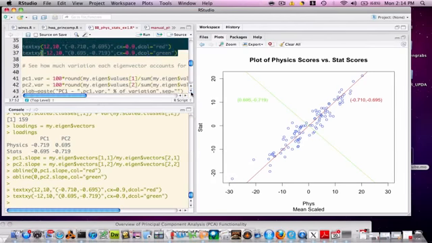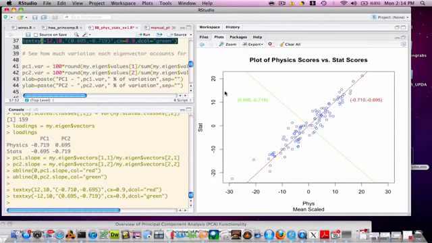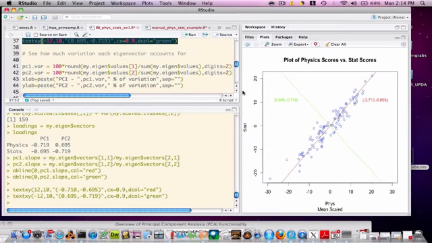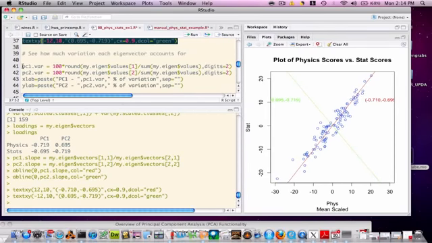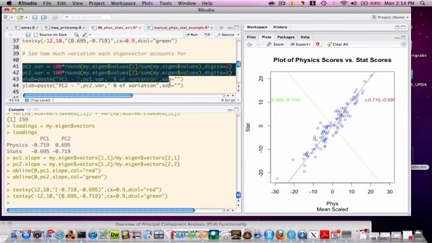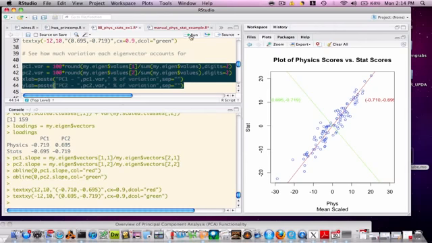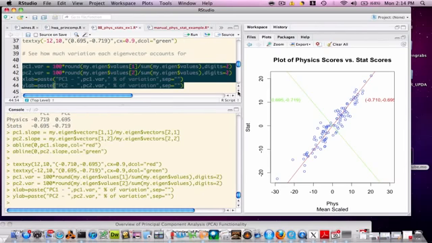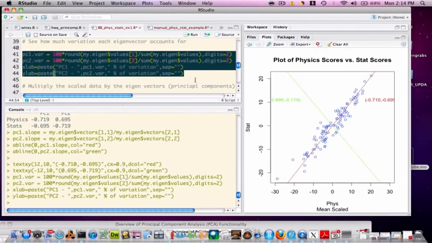Now, a legitimate question is to determine exactly how much variation each component accounts for. So what I'll do is take the eigenvalues, divide them by the sum of the eigenvalues, which is the total variance in the data set, and multiply that by 100. And that will give us the percent variation that we're looking for.